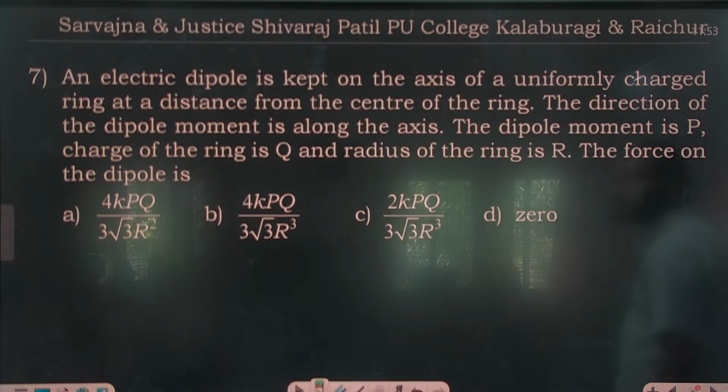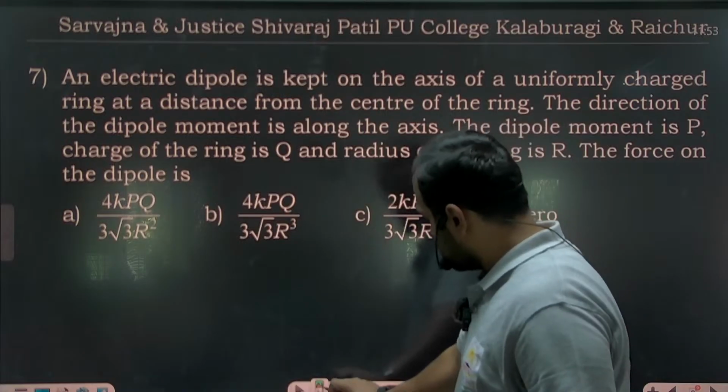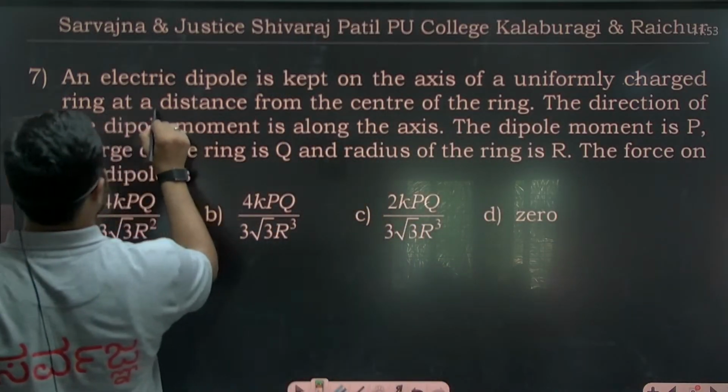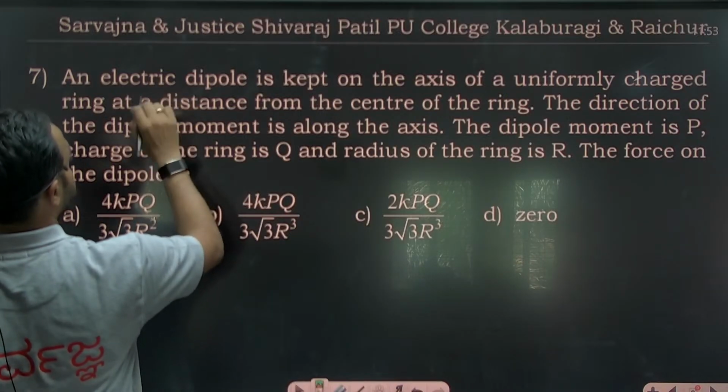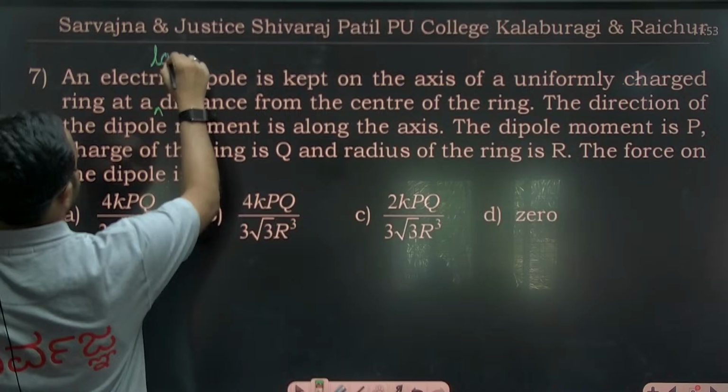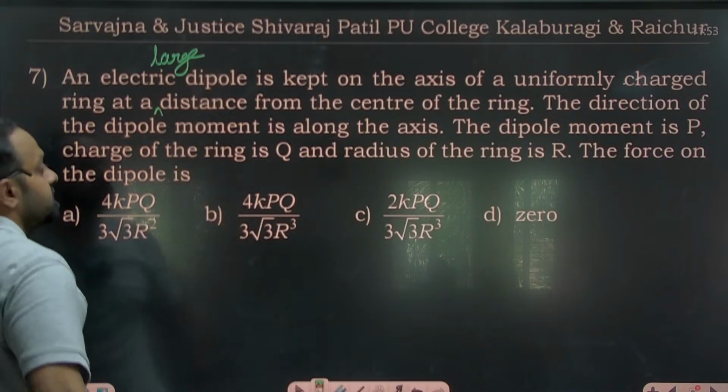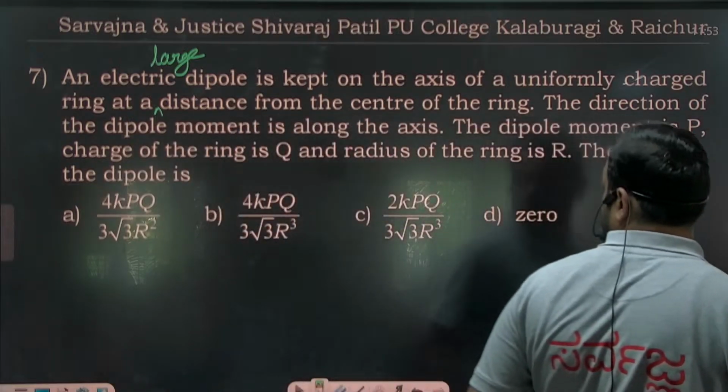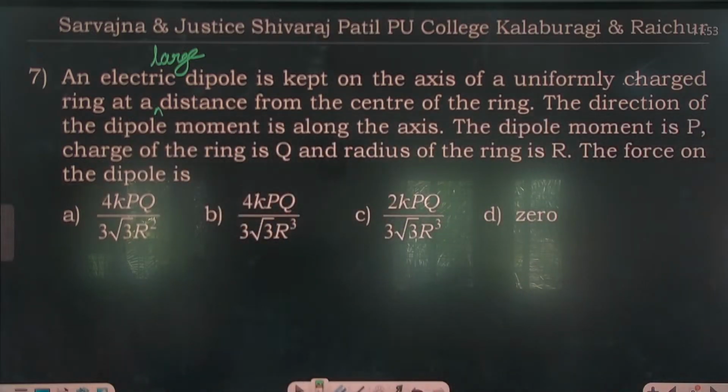Please write it down. An electric dipole is kept on the axis of a uniformly charged ring at a large distance from the center of the ring.